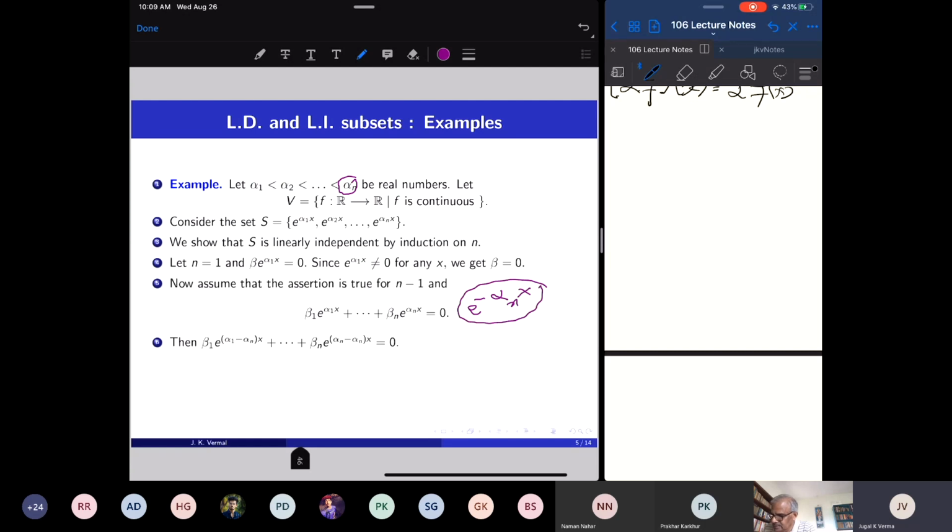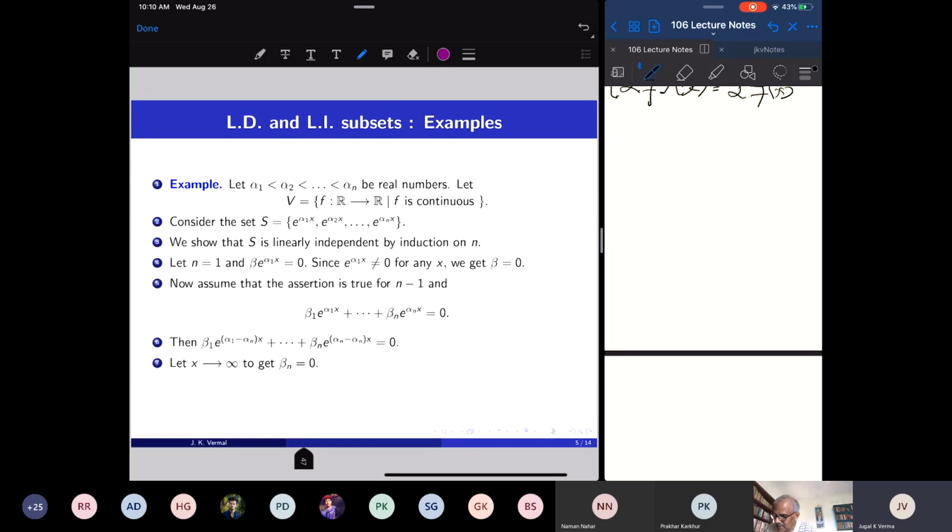If this is the zero function, I can multiply by this function on both sides and I still get the zero function, but then I get this relation. And for the last function, αn minus αn is 0, so the exponential is equal to 1. So we just get β1 e^((α1 − αn)x) and so on. And the last one is βn.